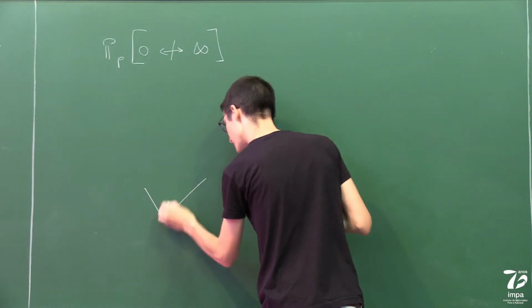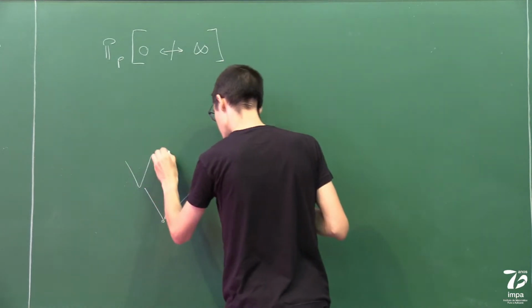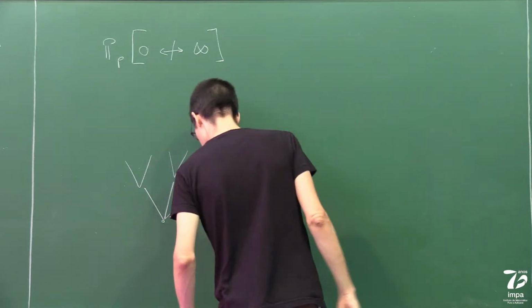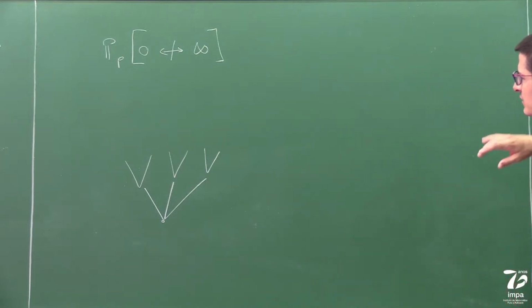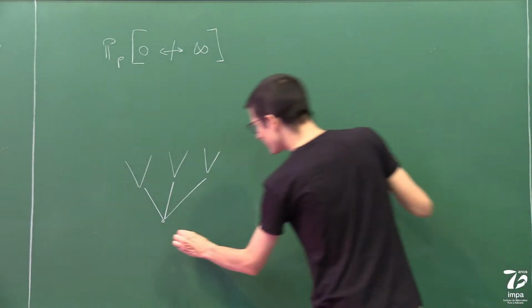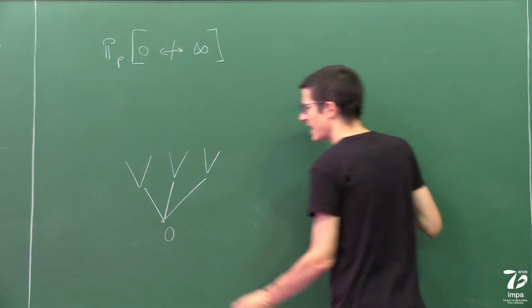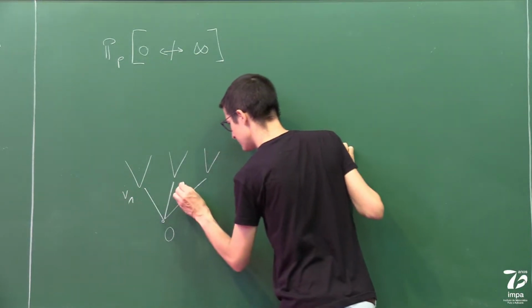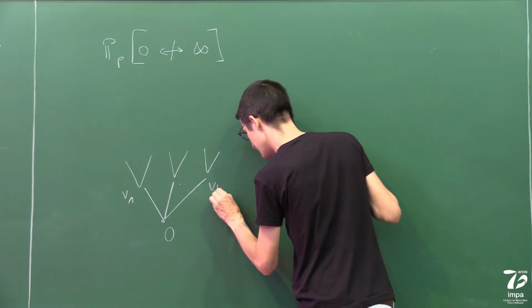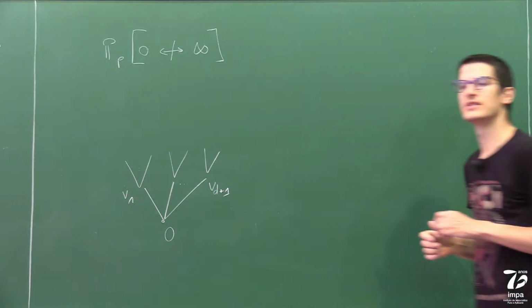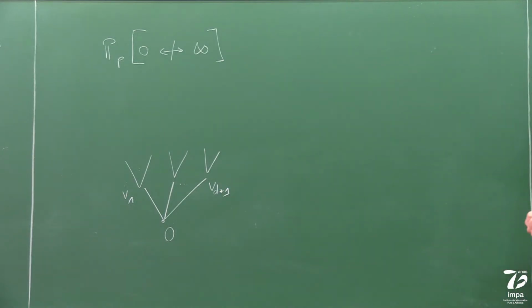Okay? So let me draw the graph as this. So, the graph, I can just see it as, well, I have the root. Then I have D plus 1 vertices that are adjacent to the root.